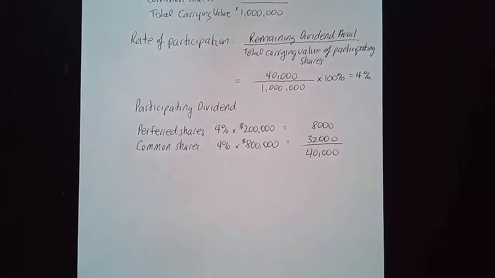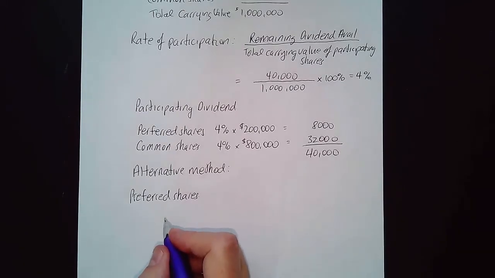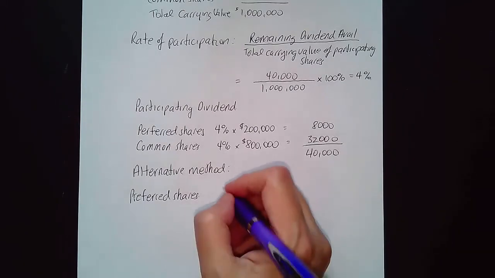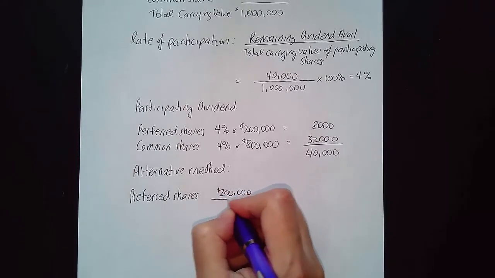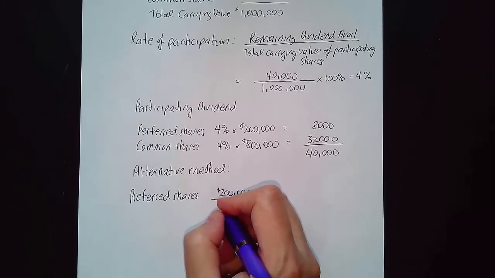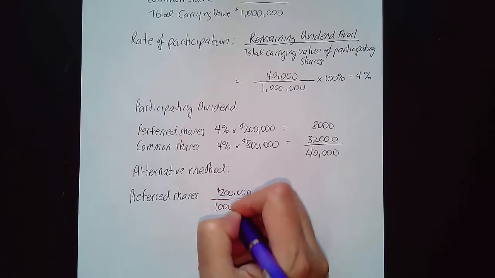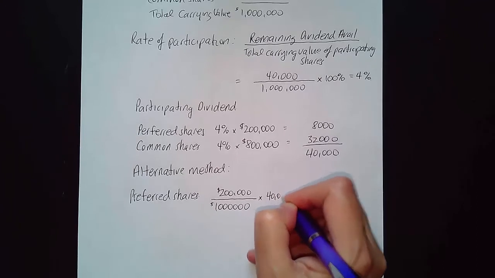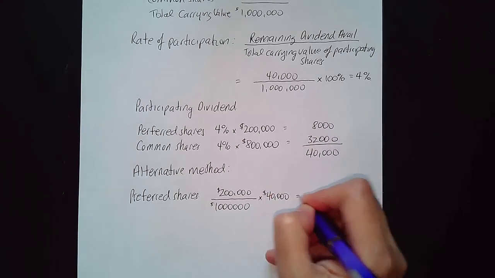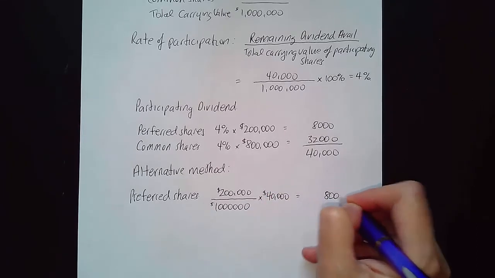There is another way of calculating the participating dividend. In this method, we're going to take the carrying value of the preferred shares, 200,000, divide it by the total carrying value of all the participating shares, 1 million, and multiply it by the total dividend available for participation, 40,000. This is equal to $8,000.